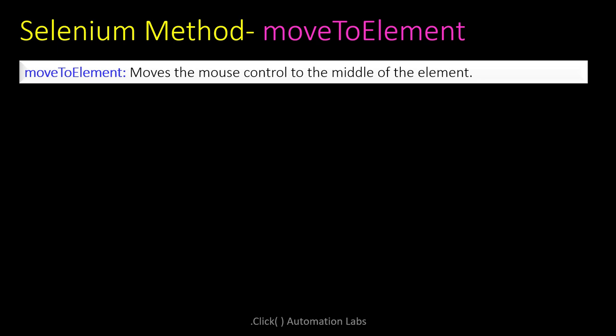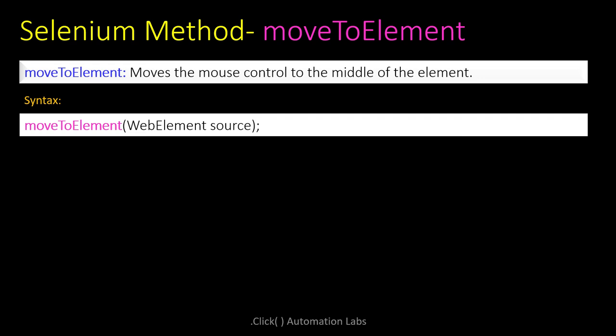Suppose you have so many elements and the element you would like to interact with is down on the web page. To interact with that particular element, you can use moveToElement, so that the WebDriver will switch the focus from the topmost navigation of the page to wherever the element is located.